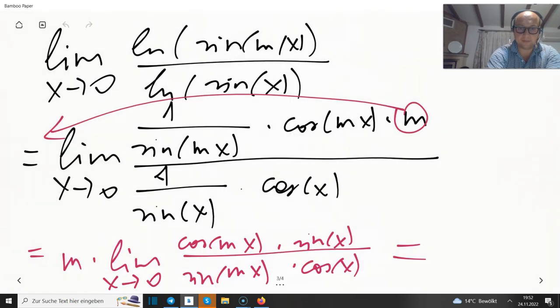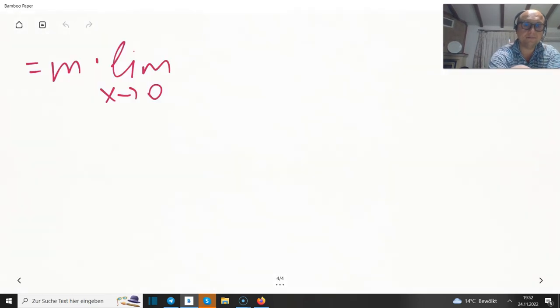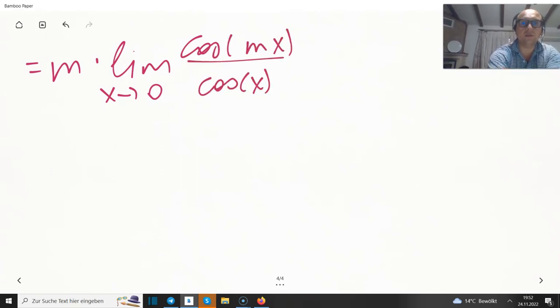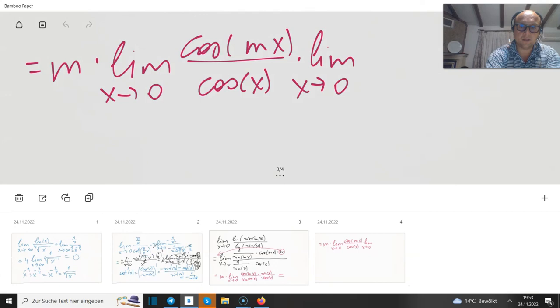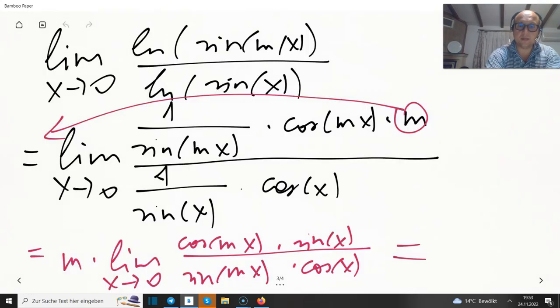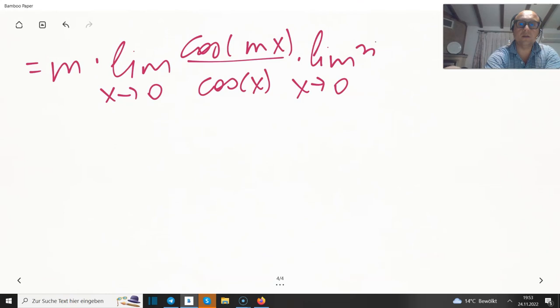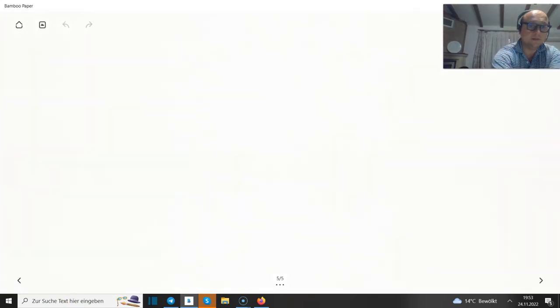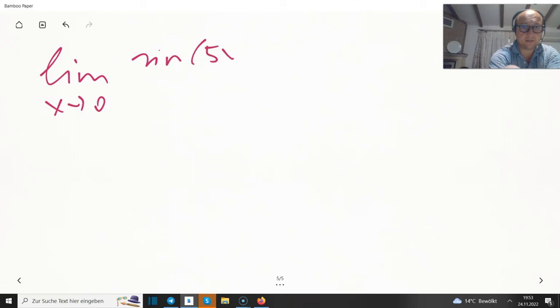Look at this. I have cosine mx divided by cosine x, so those two exist, and then limit x towards 0. The same stuff with the sine, so sine x divided over sine of mx. Well, let's see what is happening if we have limit x towards 0 of sine of 5x divided over, or what do we have here?